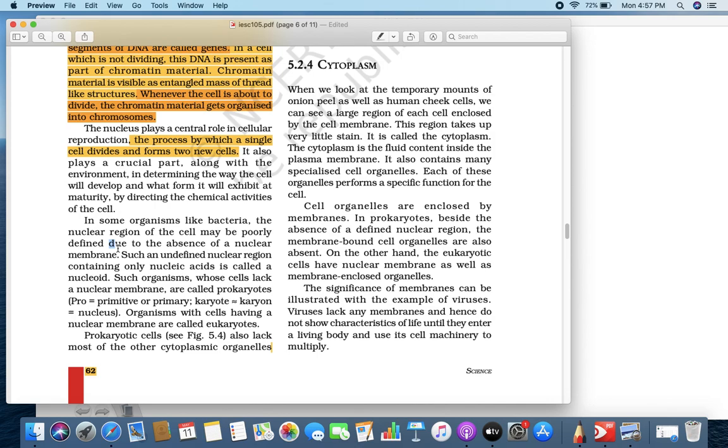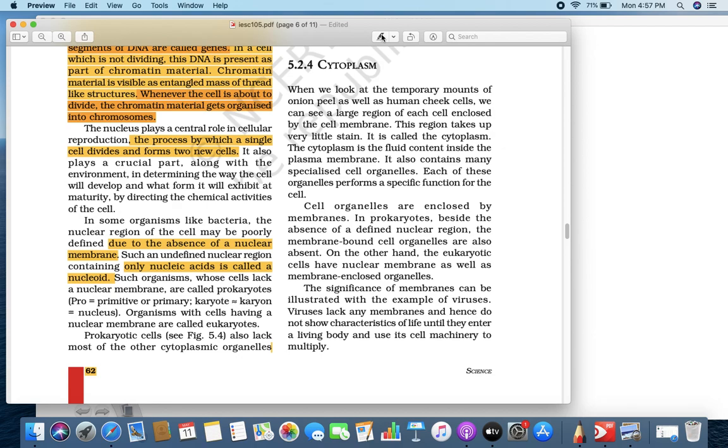Because of the absence of a nuclear membrane. Such an unclear nuclear region contains only nucleic acid, which we call a nucleoid. Such an undeveloped nucleus we do not call a nucleus, we call it a nucleoid.